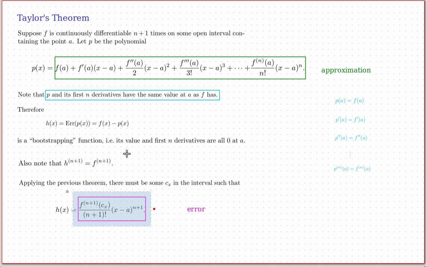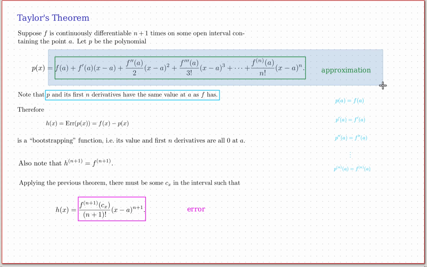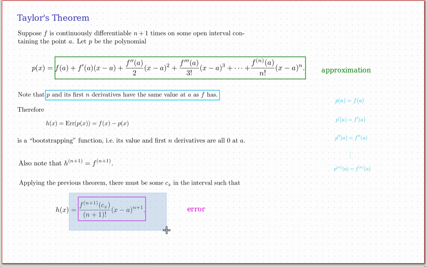And this is how you can show that, in fact, there'll be an infinite series representation of a function, because if you continue this polynomial approximation infinitely, right, as n goes to infinity, the error goes to 0, and that gives you a power series representation of the function. But we're not going to be concerned with that in this class. We're really going to be concerned with a polynomial approximation of a finite order like this and its error term. And that's what we're going to be focused on. So we're going to be working with this error expression a lot in the future.